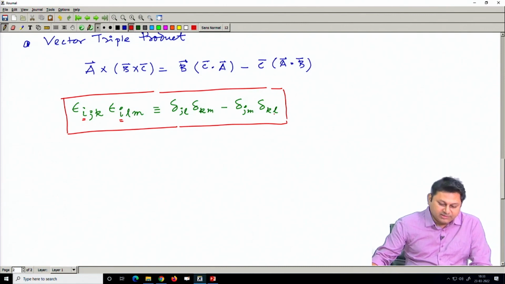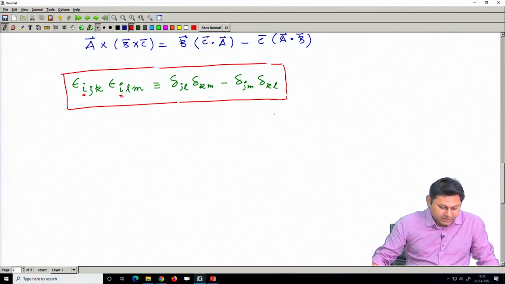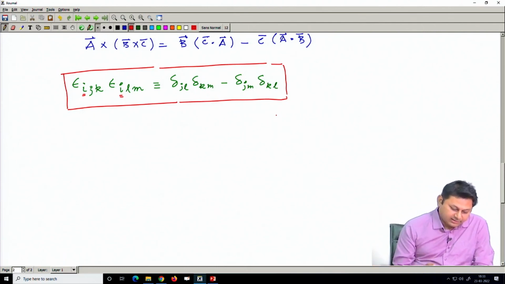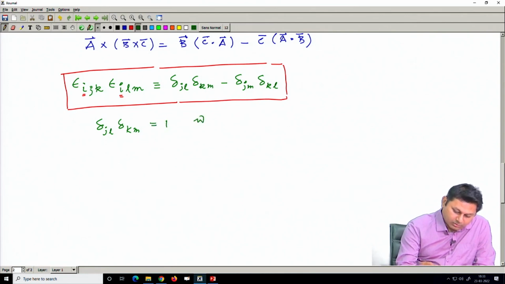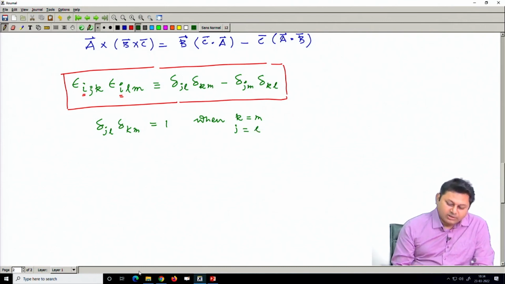Well, I am going to use this to prove this vector identity. So, now what is this quantity? Let us quickly understand this delta. Delta_jl delta_km should be 1 when k is equal to m and j is equal to l. This is the only condition when this is 1, otherwise it will be 0.